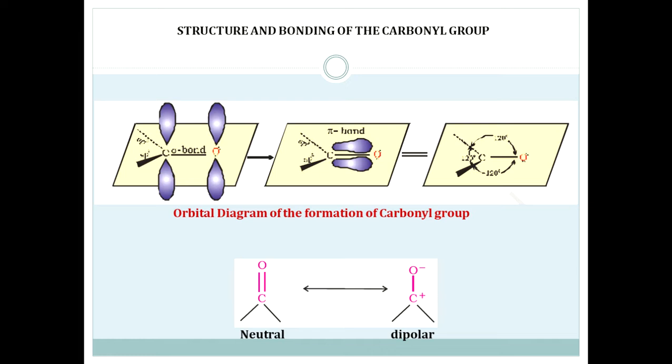One sp2 orbital of carbon overlaps with an sp2 orbital of oxygen to form a sigma bond, while the p orbitals of the two atoms overlap in a sideways fashion to form a pi bond. Therefore, a carbonyl double bond is made up of one sigma bond and one pi bond.